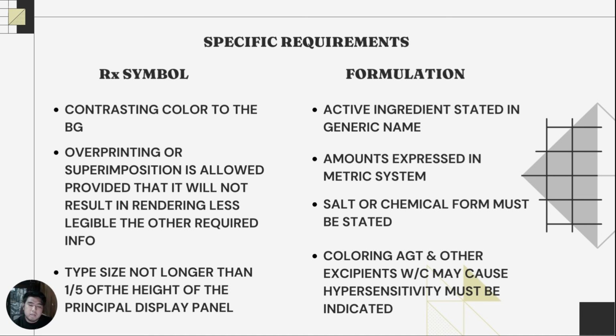The print format of an Rx symbol is a type size not longer than 1/5 of the height of the principal display panel. You can see here that it has contrasting color and the Rx symbol is very legible.